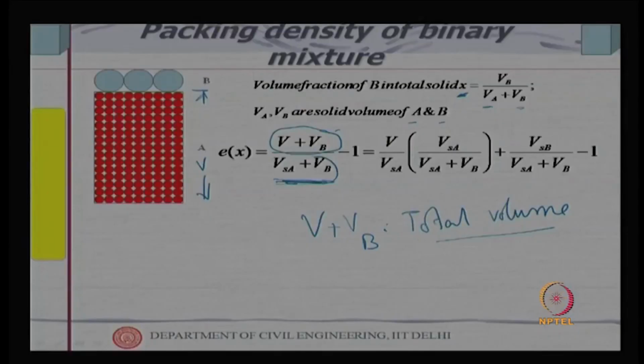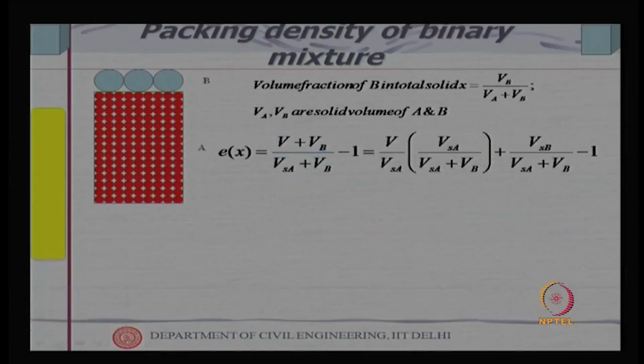In that case, the total volume will be V plus VB and volume of solid will be this. So, my void ratio by definition would be V plus VB over VSA plus VB, minus 1.